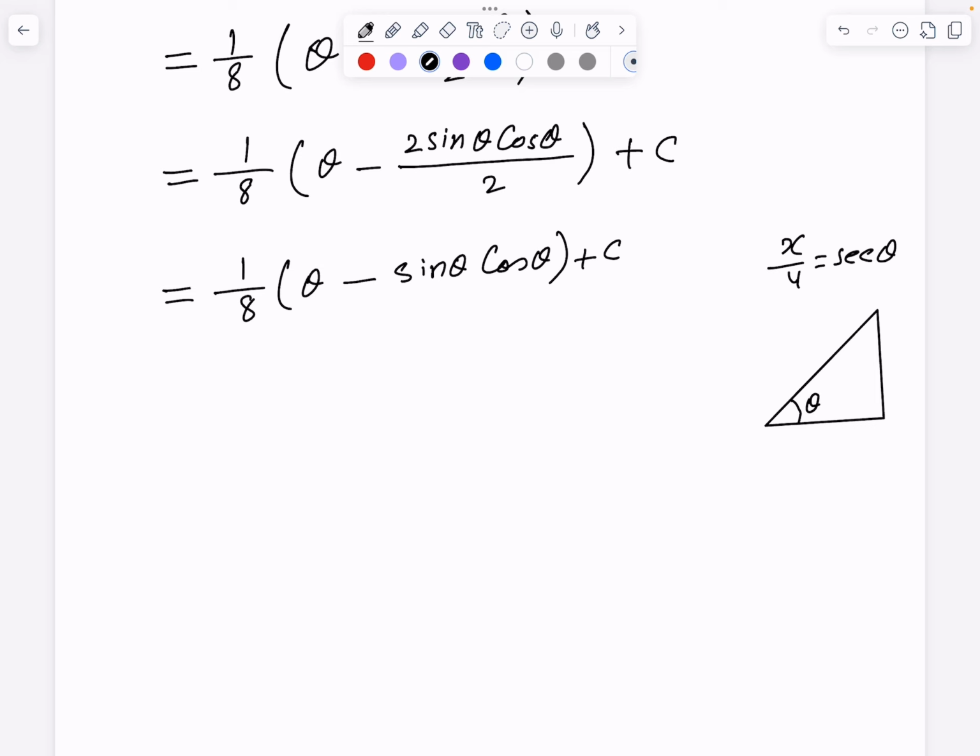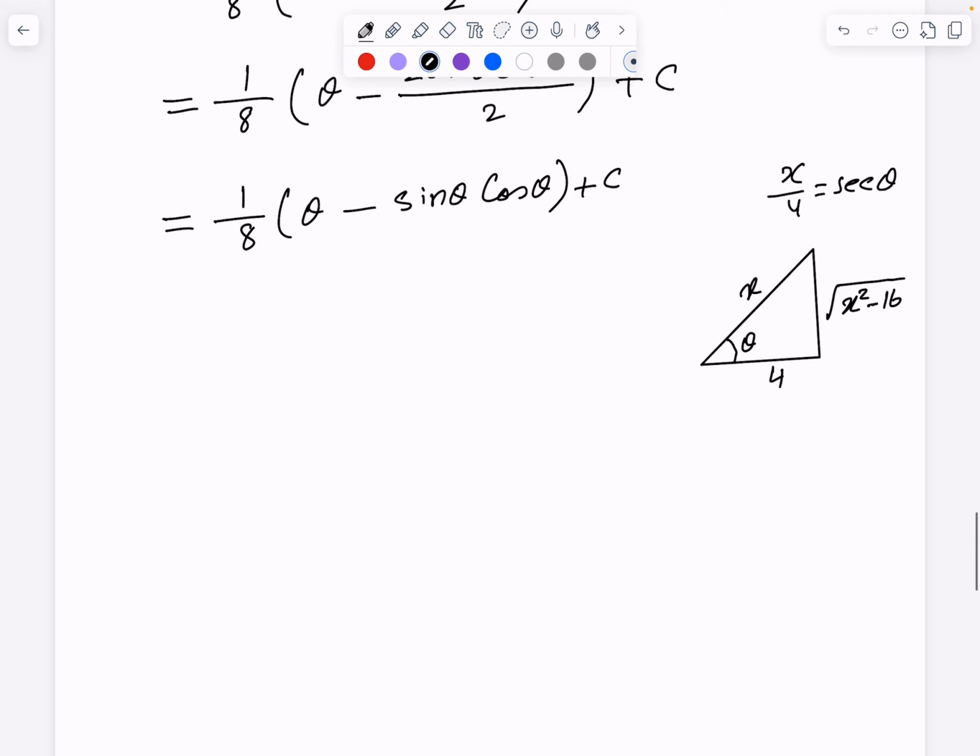Okay, secant is hypotenuse divided by adjacent. And we're going to have a square root of x squared minus 16. Okay, and this one is going to equal 1/8.